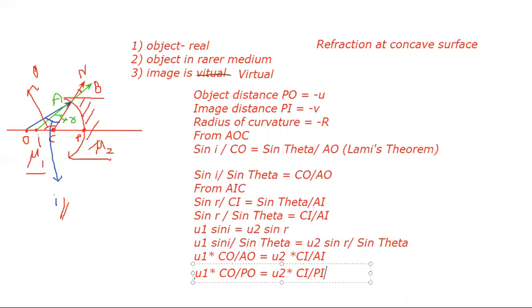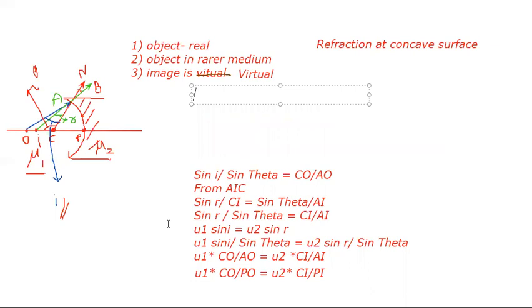So this gives you what? Now from this we can write mu1 into, instead of CO, PO minus PC, divided by PO, is equal to mu2 into, instead of CI, PI minus PC, divided by PI.